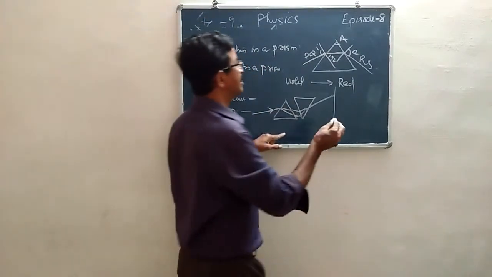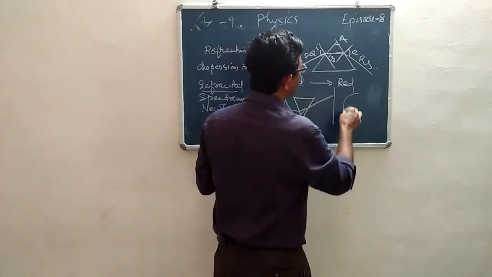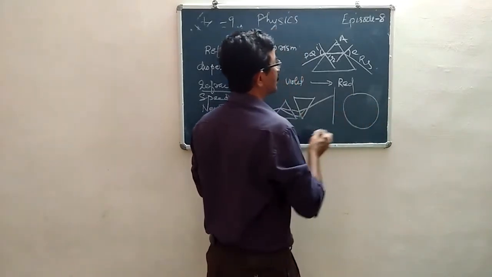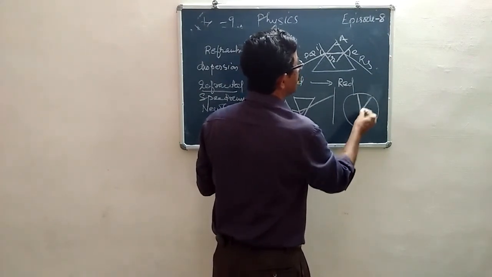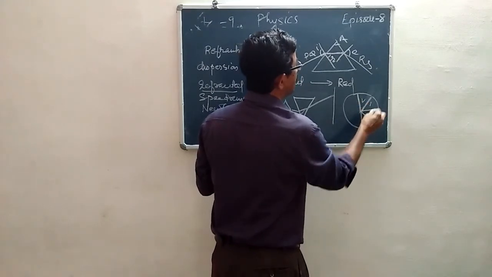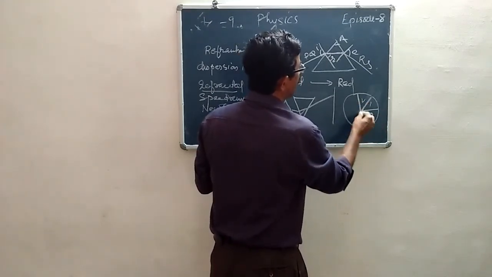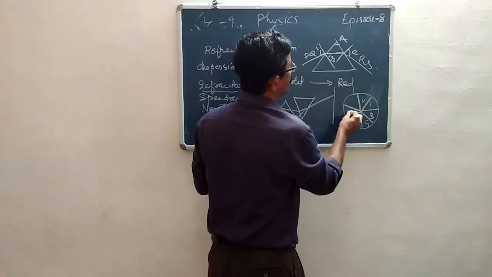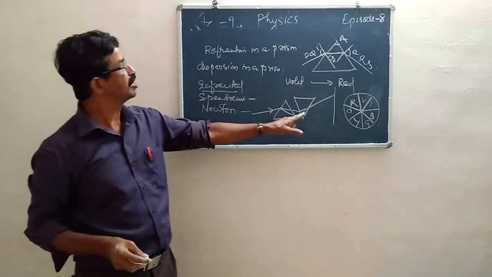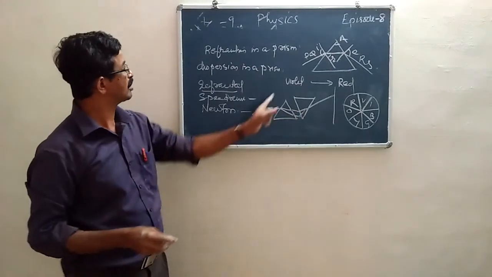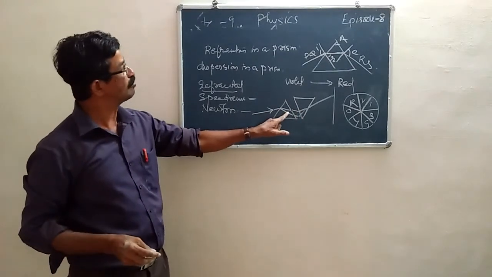And he proved this also with one more thing, Newton's color disc. That is a circular disc he made. On it he painted seven colors: violet, indigo, blue, green, yellow, orange, red, in the same order as we got in the spectrum of white light.